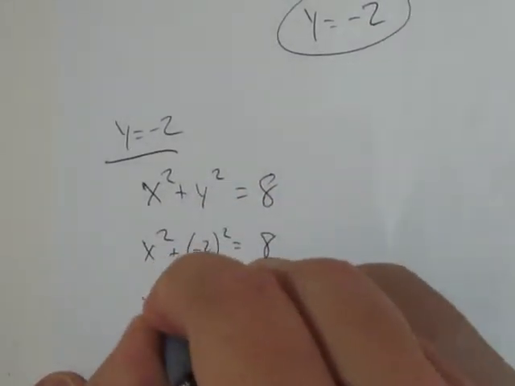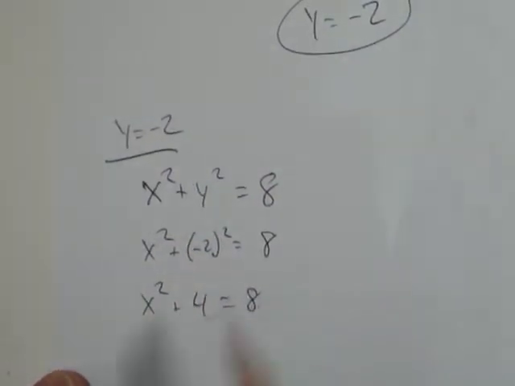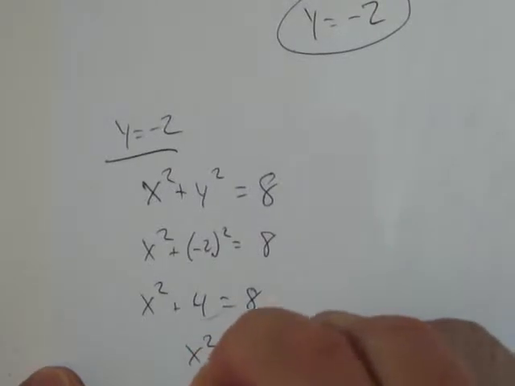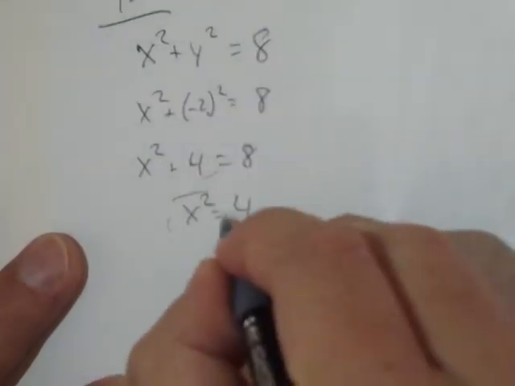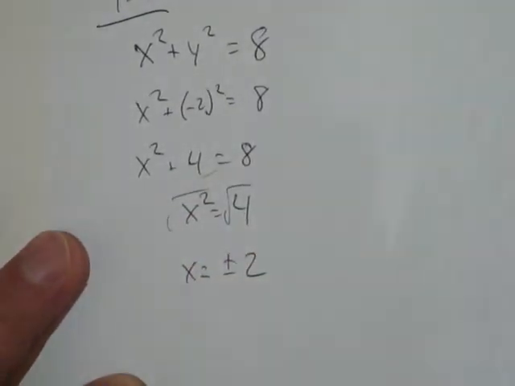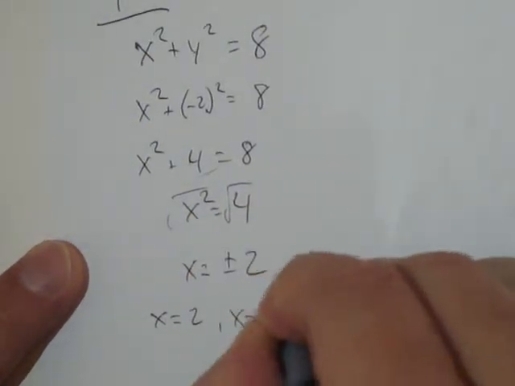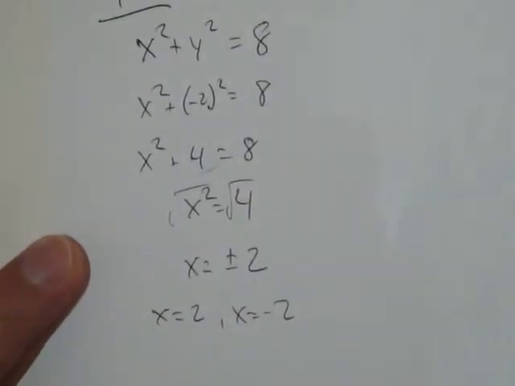And it's going to be x squared plus 4 equals 8. We'll subtract the 4 from both sides, so x squared equals 4. Then we can take the square root of both sides, and we get x equals plus or minus 2. So we get two solutions, x equals 2 and x equals -2. So that means we're going to have 2 points.